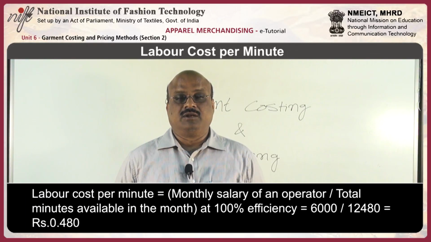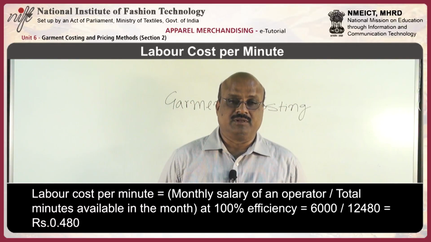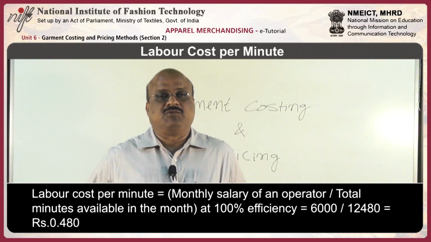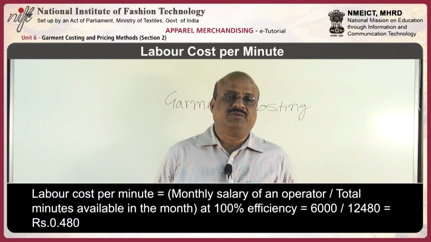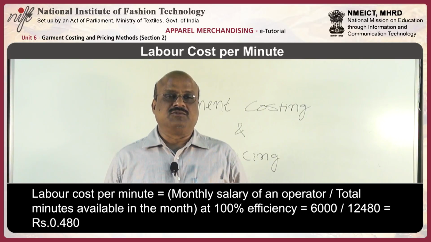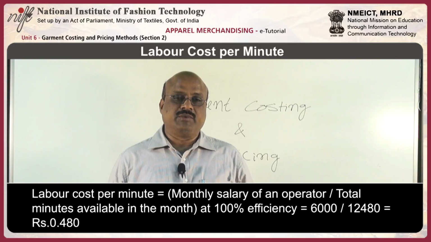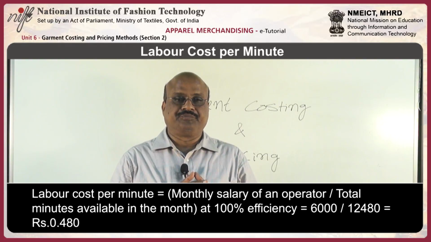So that is 6,000 by 12,480, because the labor salary is 6,000 and the number of minutes available is 12,480. So 6,000 upon 12,480 is equal to 0.48 rupees.